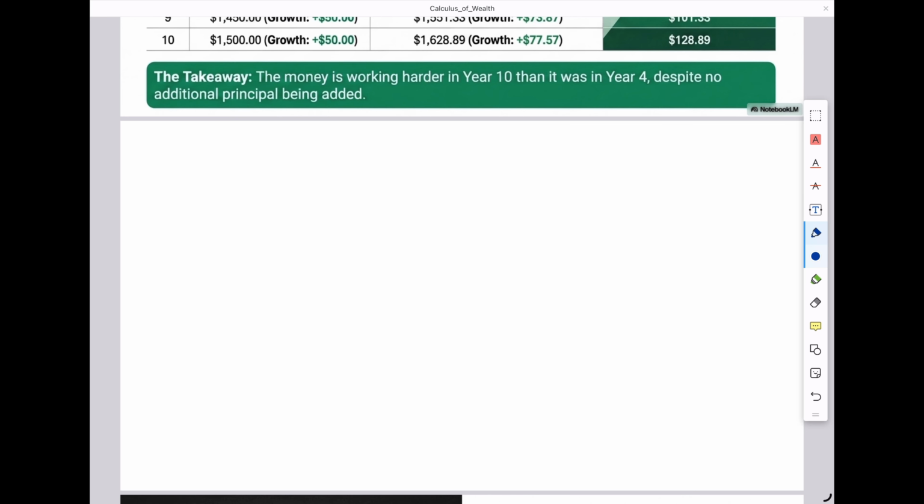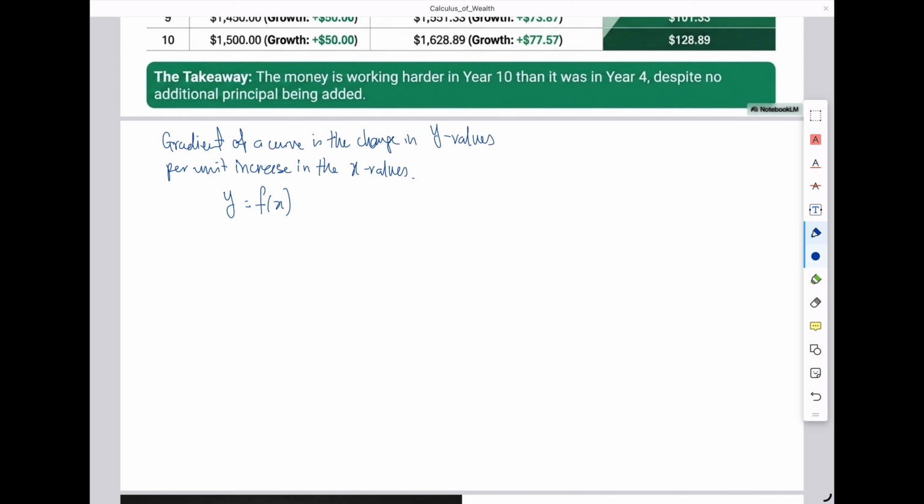The gradient of a curve is defined as the change in y values per unit increase in the x values. So usually we have y equals a function of x, and then I'm going to look at how the gradient changes. I can use simple mathematics like rise over run, or y2 minus y1 divided by x2 minus x1.